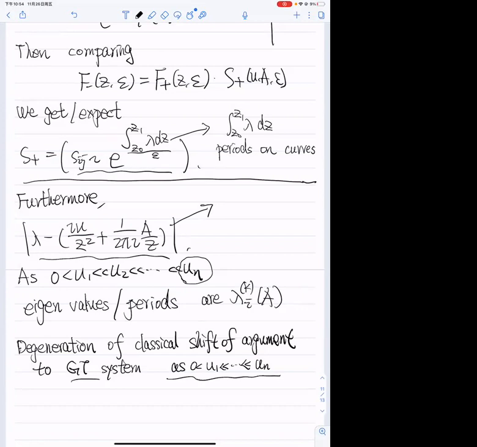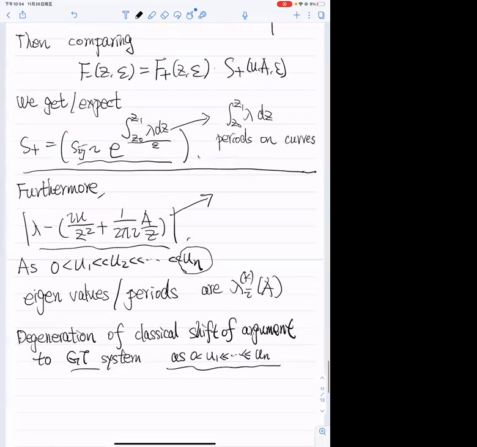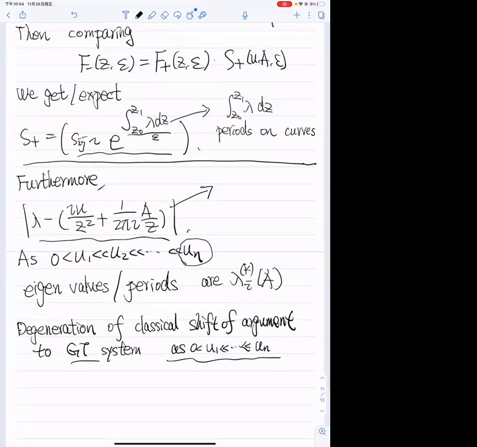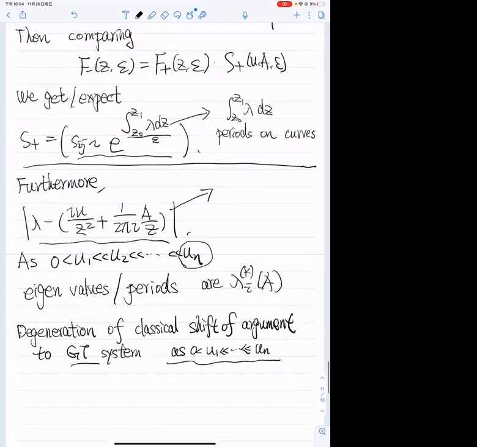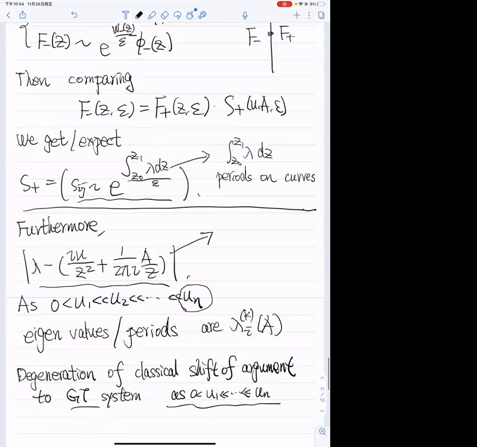What I said on the spectral curve is exactly some algebraic correspondence, some periods over the spectral curve. So from the WKB asymptotic solutions, as well as this degeneration of classical shift of argument to the Gelfand-Tsetlin system, we should also expect the Stokes matrices to have the Gelfand-Tsetlin system as a WKB approximation.